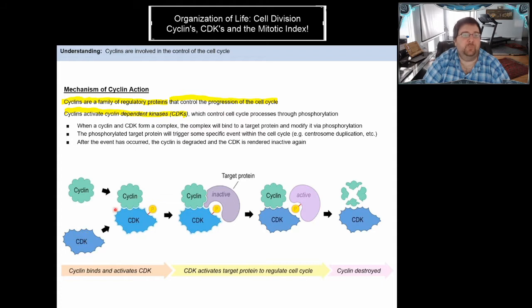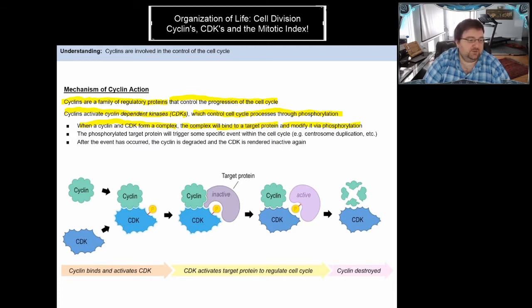One of these cyclins will come into contact with one of the cyclin-dependent kinases, and the cyclin is going to control the cell cycle by phosphorylation. When the cyclin and cyclin-dependent kinase form a complex, that complex binds to a target protein and modifies it via phosphorylation.